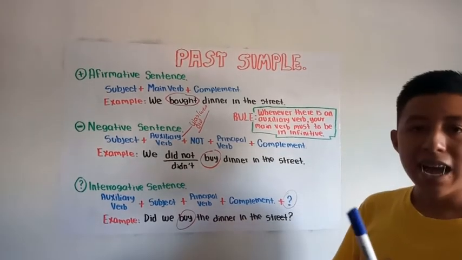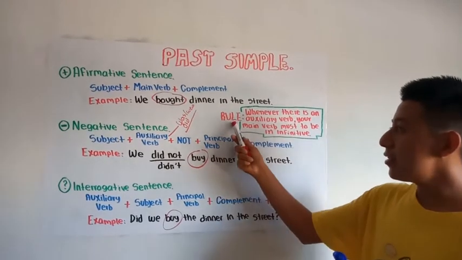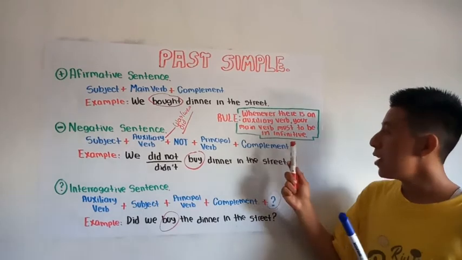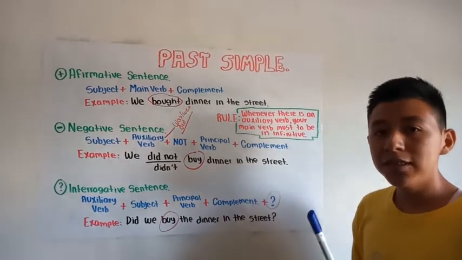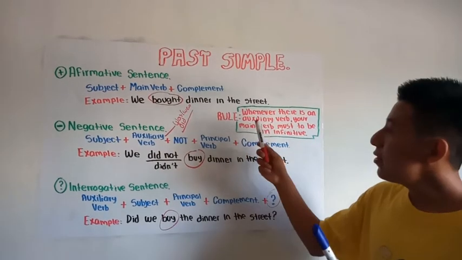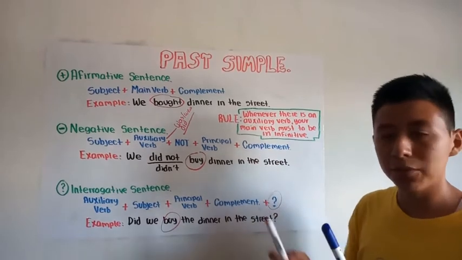But I have a rule because it's an exception. This rule says, whenever there is an auxiliary verb, your main verb must be in infinitive. It's important to learn this rule in this past simple. It's just in past simple.